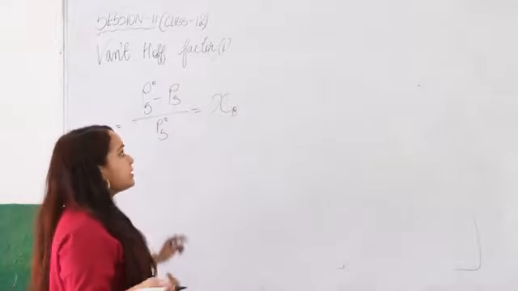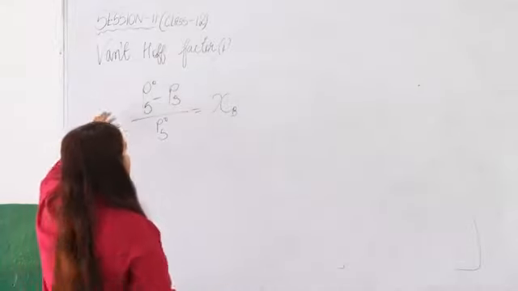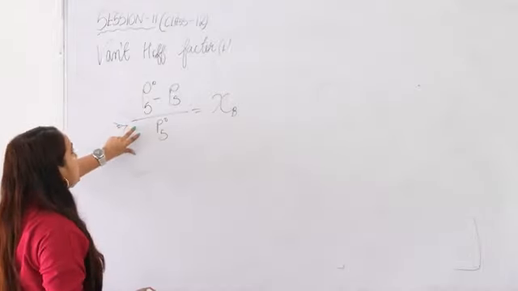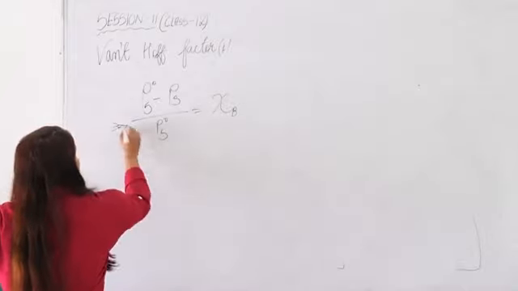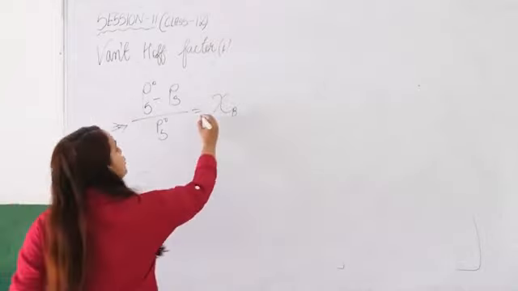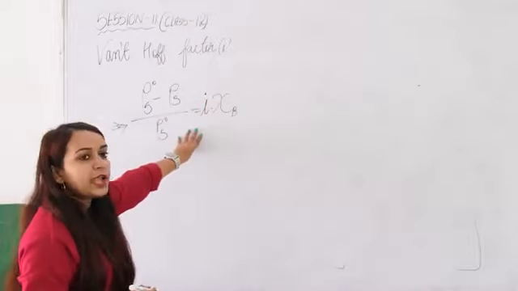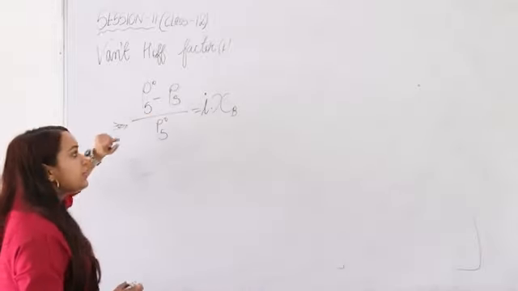As I said, the Vant Hoff factor will be multiplied towards the right hand side. In this way, the abnormal molecular mass obtained from the first colligative property can be corrected.